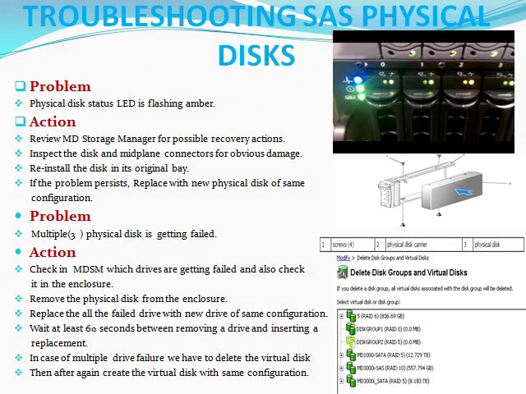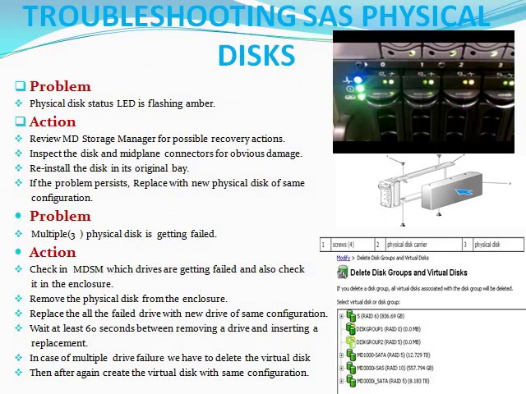If the problem persists, replace the disk with a new physical disk of the same configuration. Before removing the disk, we have to wait at least 60 seconds. Then after that we have to remove it, and then install the new HDD.